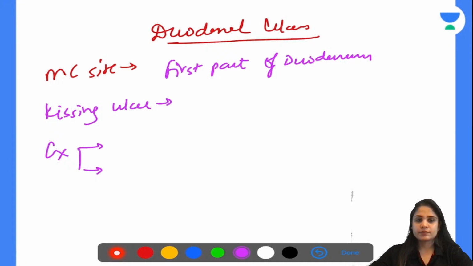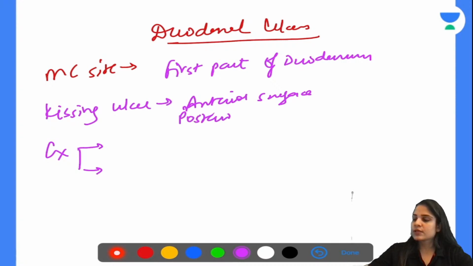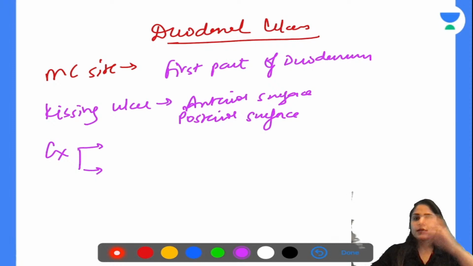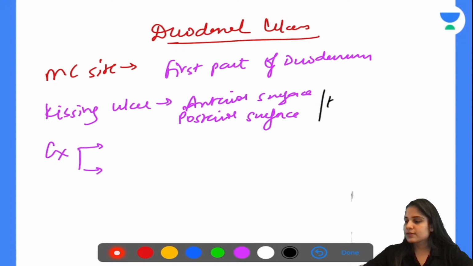Anyone? Yes, very good, Fez. If you have two ulcers, one ulcer present along the anterior surface of the duodenum, and the second ulcer present along the posterior surface of the duodenum, and these two ulcers are touching each other, then that is called kissing ulcers.